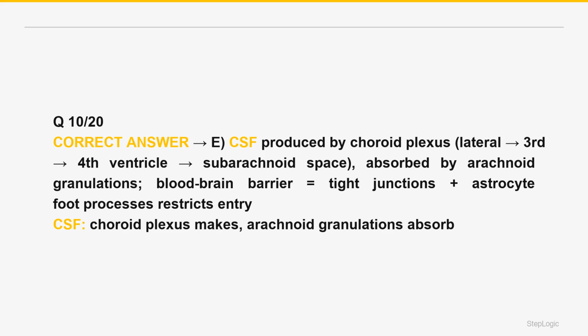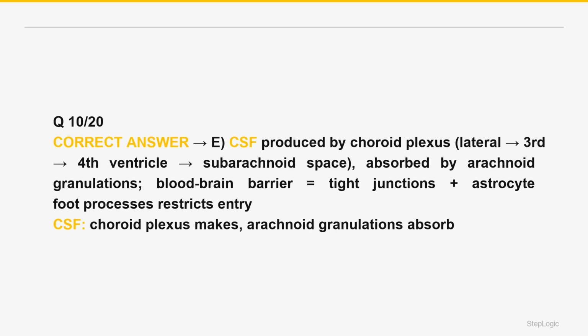The blood-brain barrier, BBB, is the second high-yield concept. It is formed by the tight junctions between capillary endothelial cells, supported by the basement membrane, pericytes, and astrocyte foot processes. This barrier tightly restricts what enters the brain: small, lipid-soluble molecules, O2, CO2, anesthetics, and substances with specific transporters.